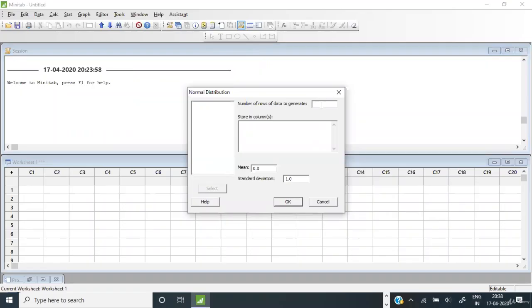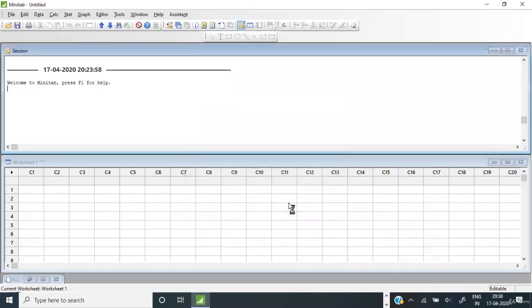For example, I am taking it as 100. My n is 100. Store it in C1. My average mean is 200 ml. The standard deviation is 10. Yep, the data got generated here.